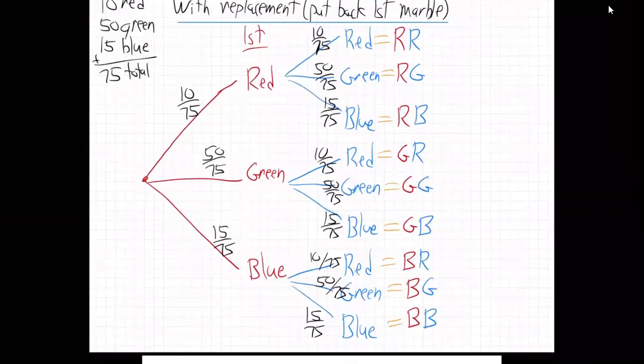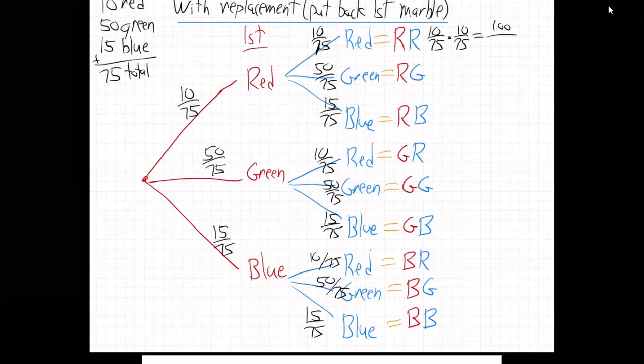All right, so what's the probability? You multiply 10 75ths times 10 75ths, which is 100 over, I have no idea. In fact, why don't we just get decimals? Actually, I'm going to get a fraction.